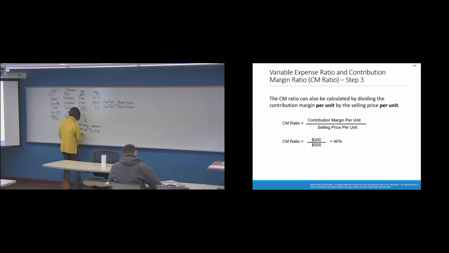I hope so, because you're going to have to know it for the next exam. Right? So we have $200 left to cover fixed costs and net operating income. And this percentage is for every $1 of what? In sales. 40 cents is left to cover fixed costs and profit or income.